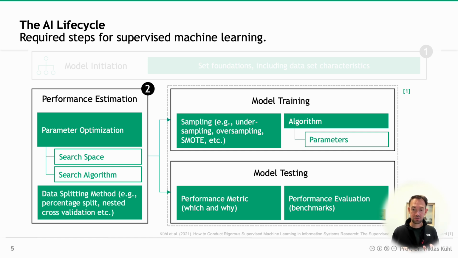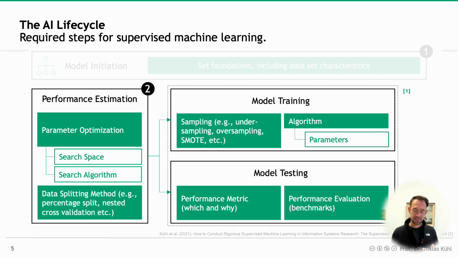Now, all of these terms won't tell you anything because I haven't really introduced them yet. We will come to that in a second. But you should get an overview on what we want to deal with. And in this performance estimation step, two techniques are important. The one is the training of the model, where you have different things at hand. For example, again, sampling methods, but on the other hand, also the choice of algorithms and their parameters.